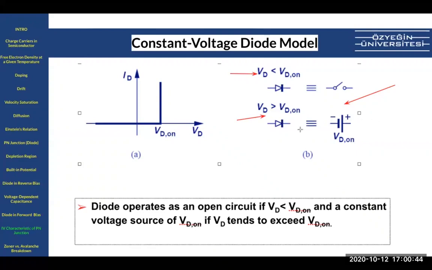When you connect the circuit, this diode will have a plus and minus potential on it. As you can see, it's represented like that. And this is usually, as I mentioned, 0.7 to 0.8.